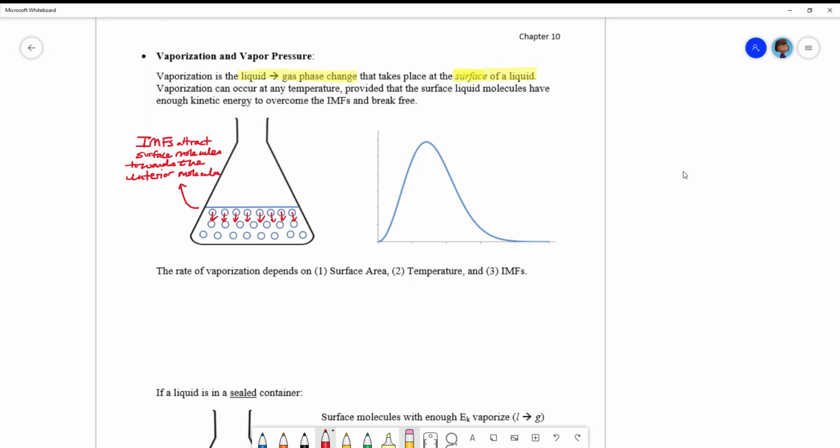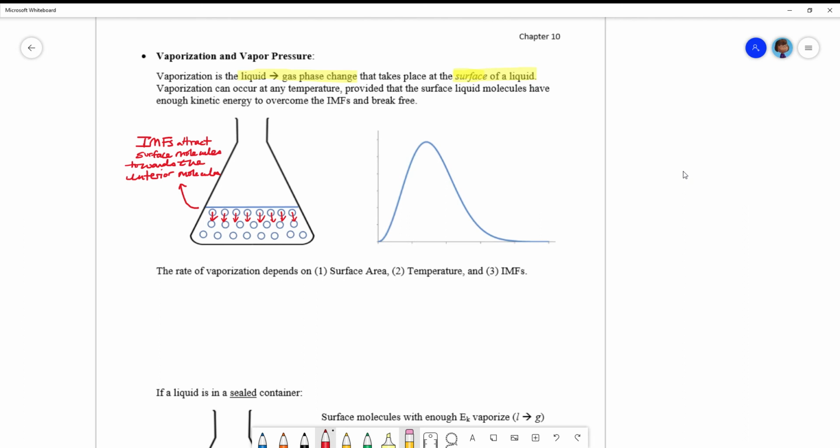Okay. Now, not every surface molecule is going to be able to vaporize. Turns out that all of the molecules at the surface have a range of different kinetic energies. So kinetic energy is the energy of motion, and of course those liquid molecules are moving around and therefore they have kinetic energy.